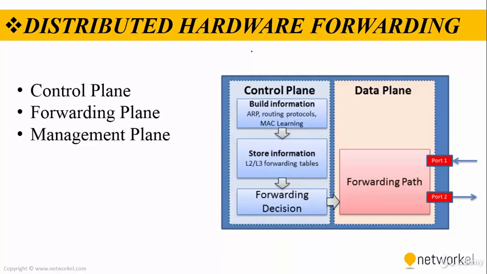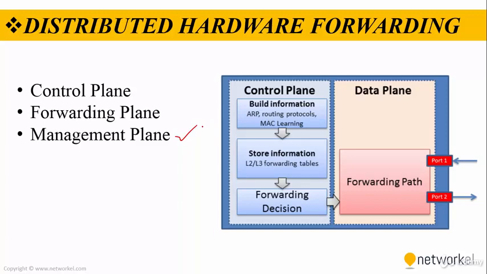Network devices contain at least 3 planes of operation, and they are management, control, and forwarding planes. Let's start with the management plane first. The management plane is responsible for network management operations such as SSH access and SNMP.